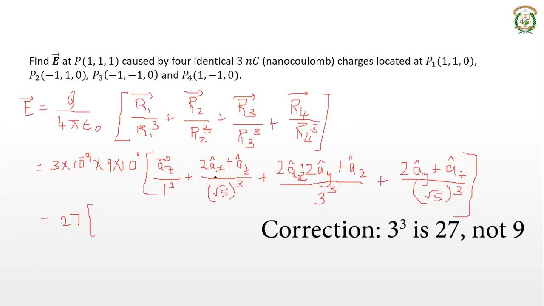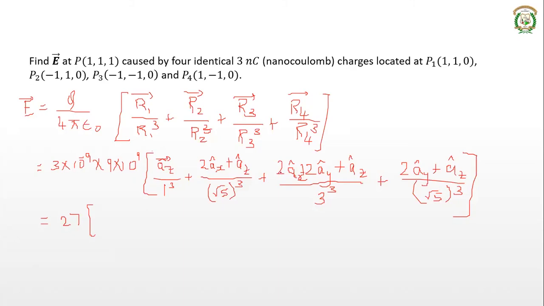So just find 2 divided by root 5 cube plus 2 divided by 27. Calculate this. That will be the ax component. What do you get? 0.4011 ax.